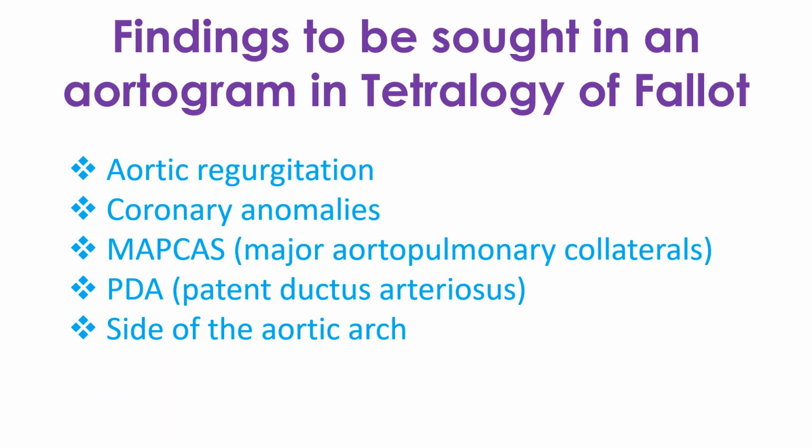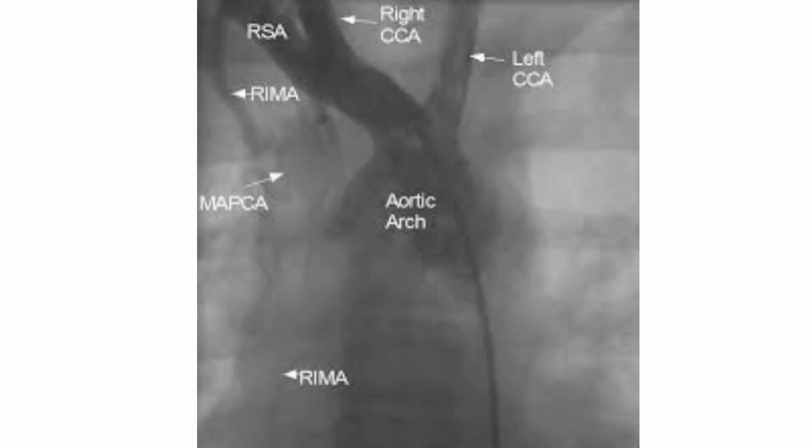Findings to be sought in an aortogram in tetralogy of Fallot are aortic regurgitation, coronary anomalies, MAPCAs, PDA, and side of the aortic arch. Still frame from an angiogram with radiocontrast dye injected using a pigtail catheter kept in the right brachiocephalic artery, showing major aortopulmonary collateral artery arising from the right internal mammary artery.